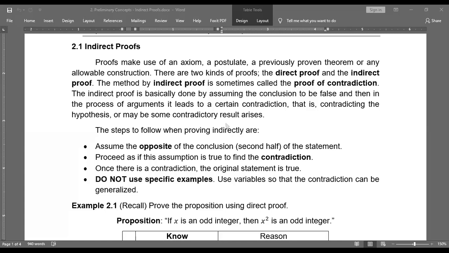Opo. Okay. So, if the antecedent is true and the consequent is true, the whole conditional is true. If the antecedent is false and the consequent is true, what happens? True pa rin siya.